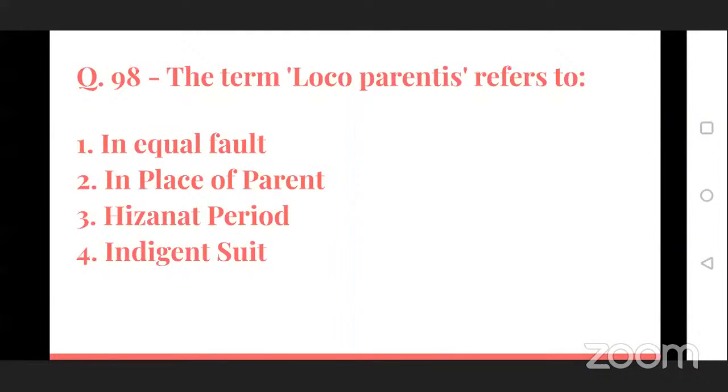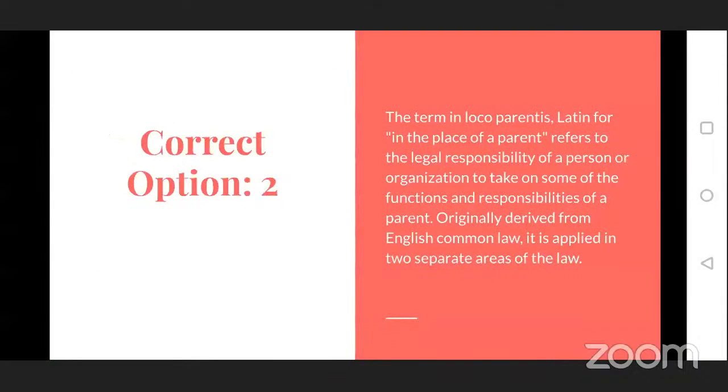Now let us move to the next question, that the term loco parentis refers to: in equal fault, in place of parent, hazard period, or indigate suit. So the correct option is option number 2, that is in place of parent. So it is a Latin term which means that in the place of parent.